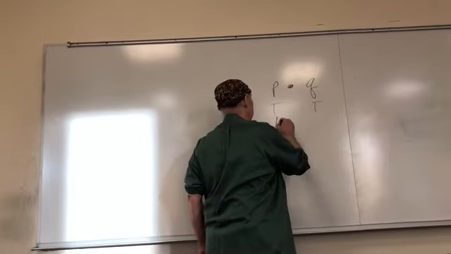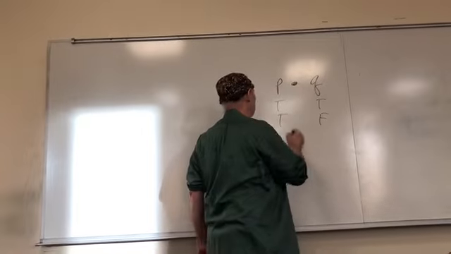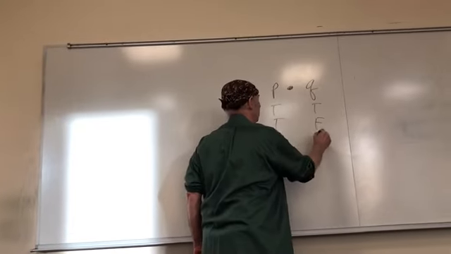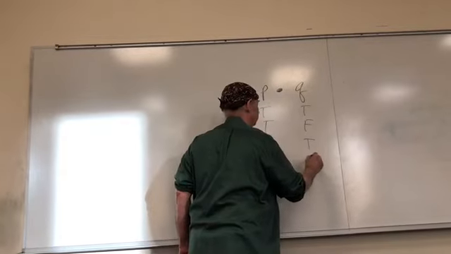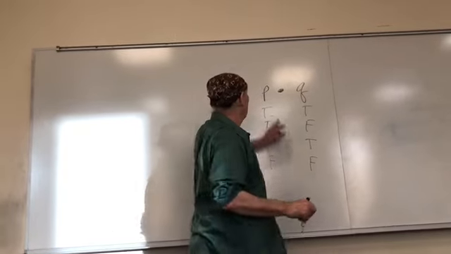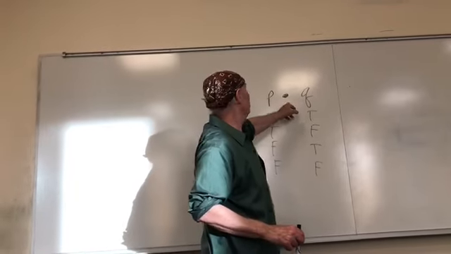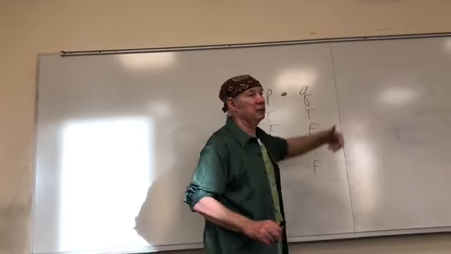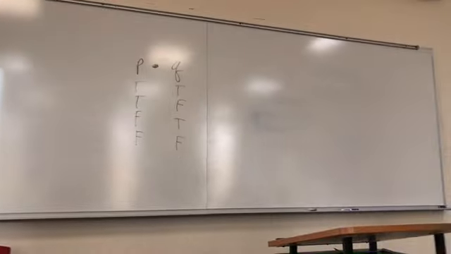The first one can be true and the second one false, or the first one false and the second one true, or they're both false. Okay, and the column underneath the dot will tell us the truth value of this compound sentence P dot Q, based on the truth values of the components P and Q.